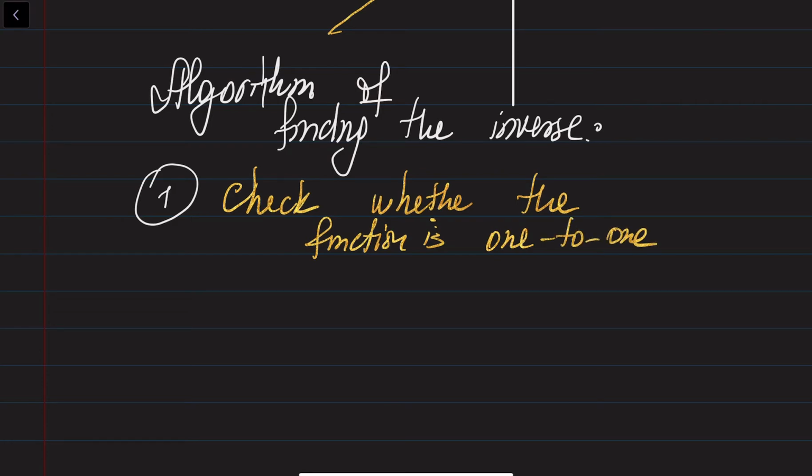Again, one-to-one means that any vertical line and any horizontal line should intersect with your curve at most once.